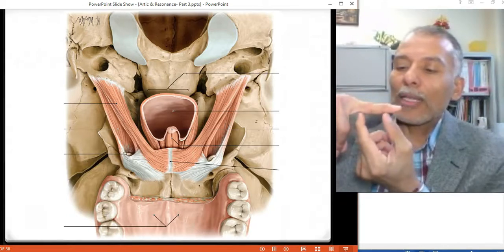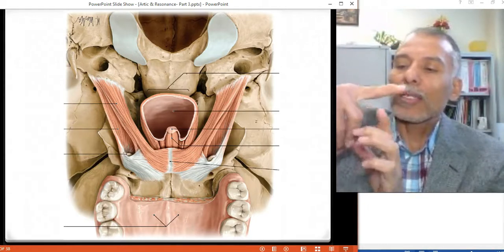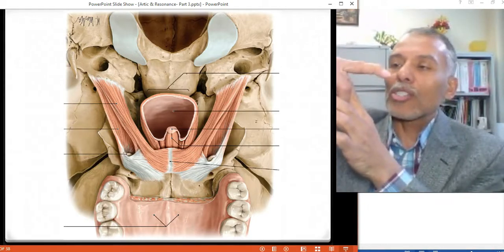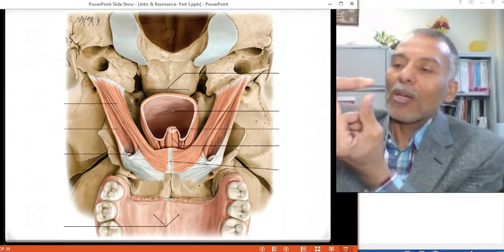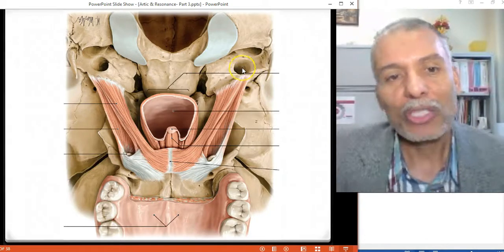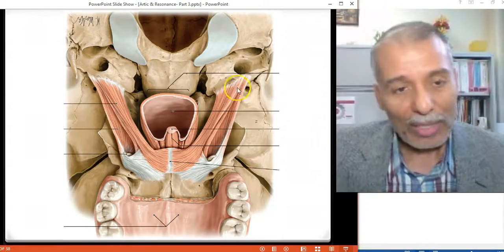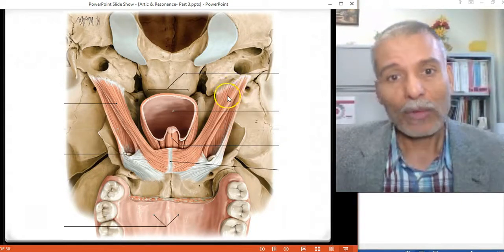So when you take that muscle and contract it, it's going to tilt the eustachian tube down because it shortens. It's going to tilt the eustachian tube down. By doing so, you are going to open the mouth of the eustachian tube. So you can't visualize it now unless you take out the levator veli palatini.